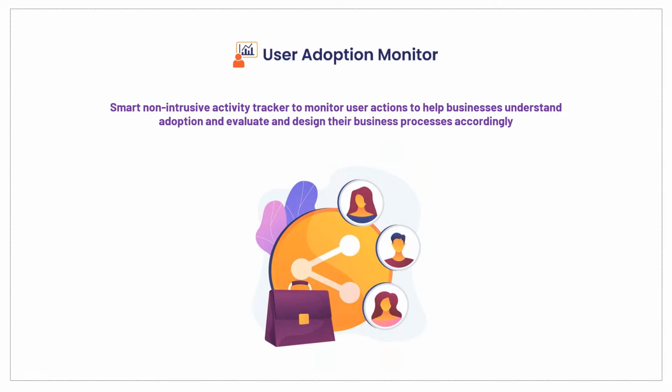However, from the organization's point of view, it's also equally important to keep track of whether the users are actually using the system or not. And that is very much possible with our product User Adoption Monitor.